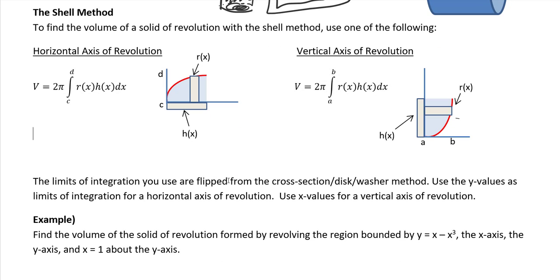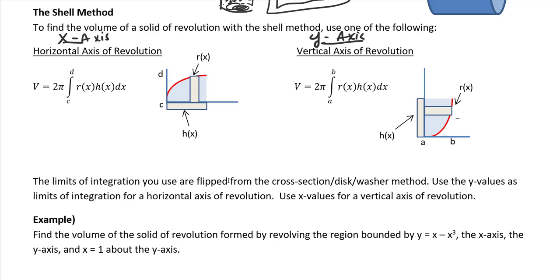So what is the shell method exactly? The shell method uses different types of axes: the horizontal axis, which is basically if you're rotating over the x-axis, so the x-axis of revolution, or the y-axis of revolution. These are going to be kind of backwards based on what we've done with disk and washer.